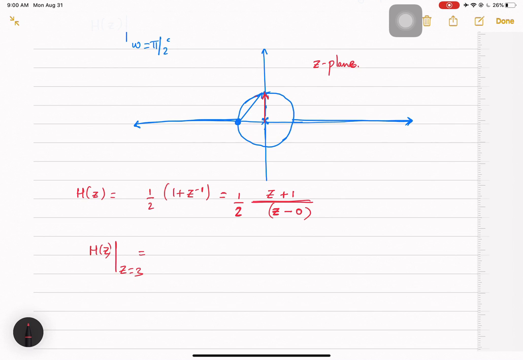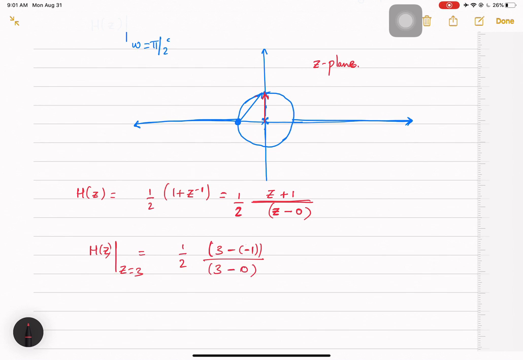So if you notice, this will be half of 1 minus of minus 3, okay, divided by, or I'll write it in another format, it doesn't matter, right? So the geometrical interpretation is very important here. So 3 minus of minus 1, okay, divided by 3 minus 0.